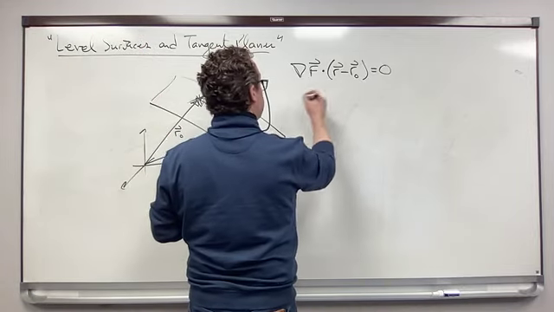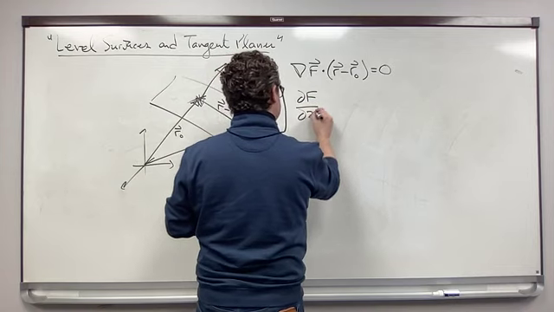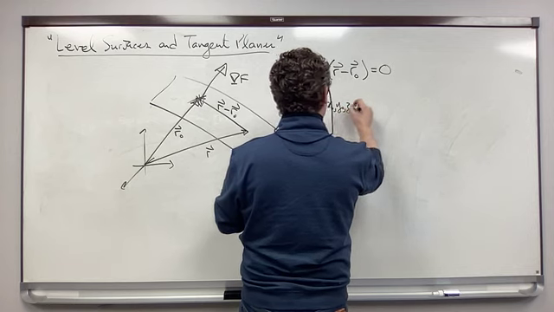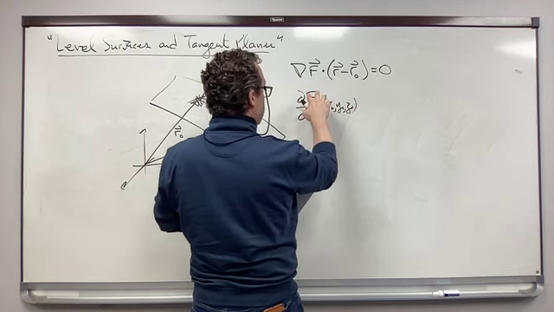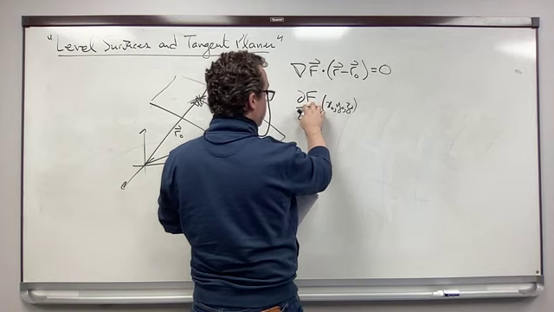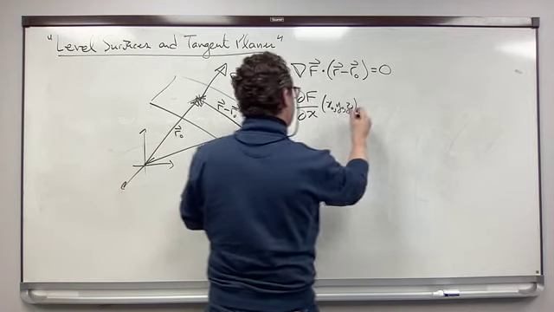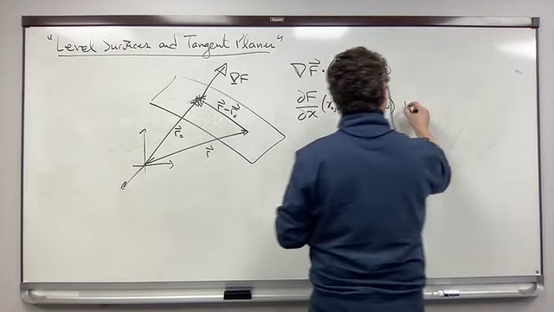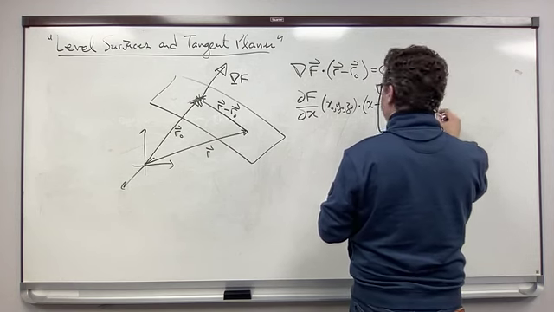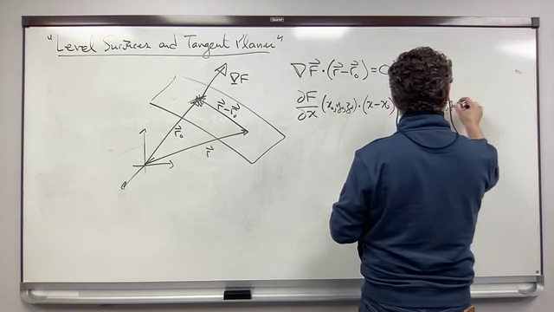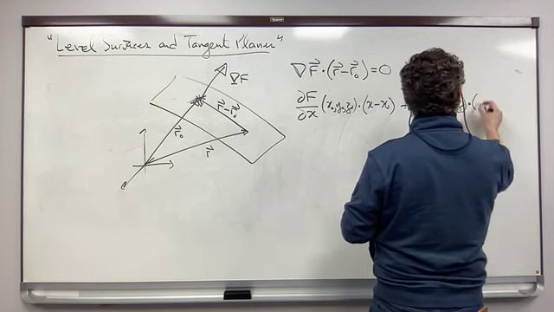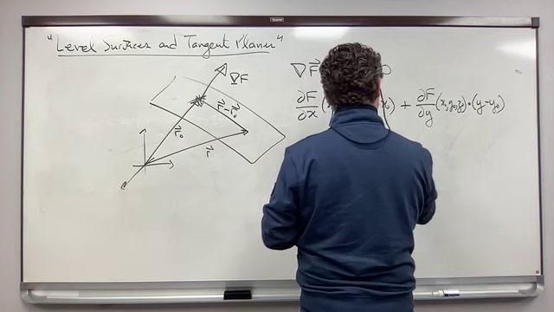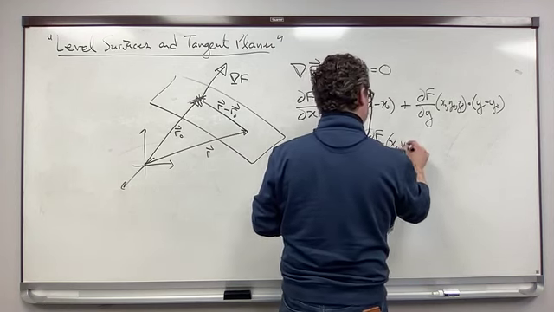So if I write that out formally, that means the partial of f with respect to x at x0, y0, z0, so I'm cutting the component of the gradient of f at this point, dotted onto the x component of this, which is x minus x0, plus the partial of f with respect to y, evaluated at x0, y0, z0, dotted into y minus y0, plus partial f, partial z at x0, y0, z0.